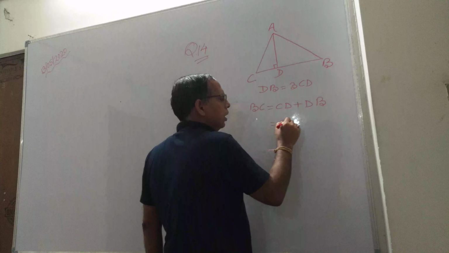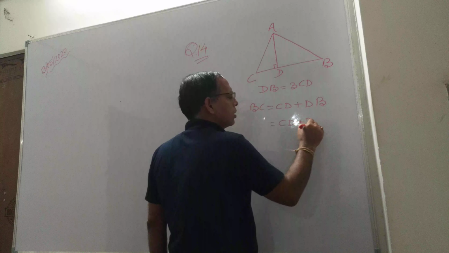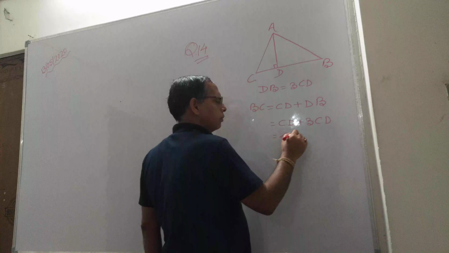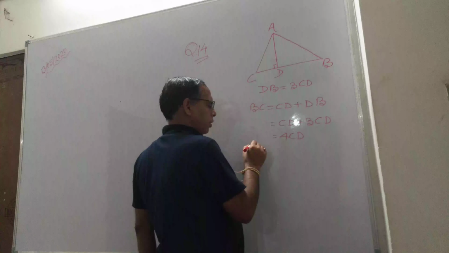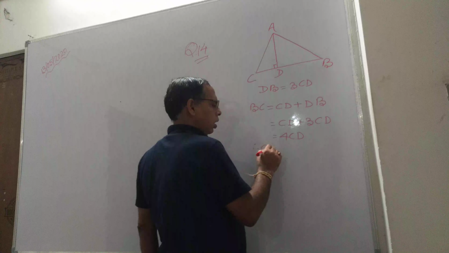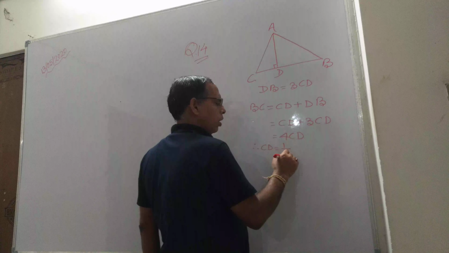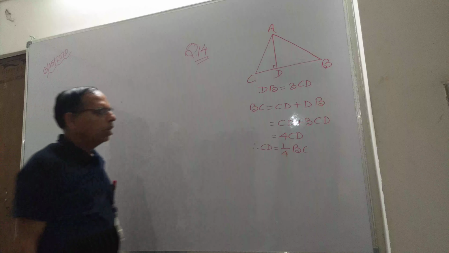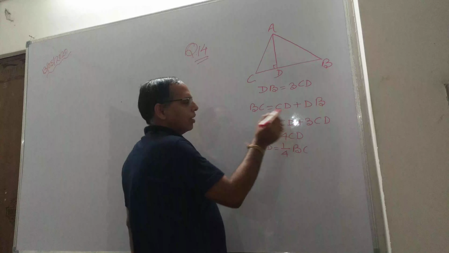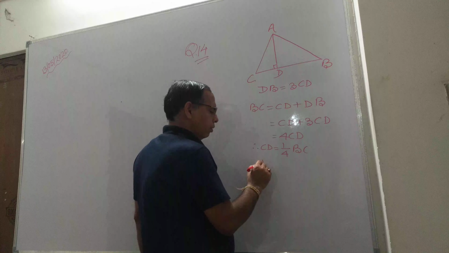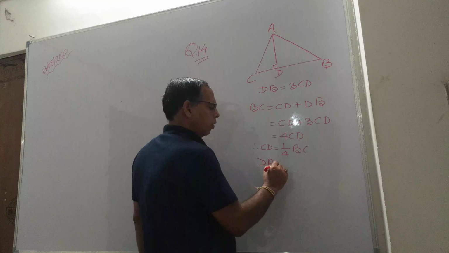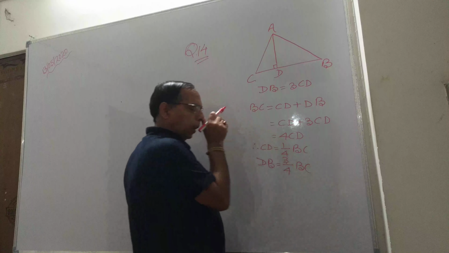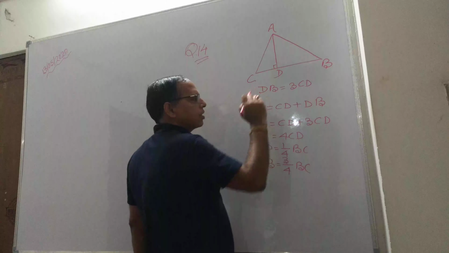Now CD plus twice CD equal to 4 CD. Therefore CD equal to 1 by 4 BC. Now if CD equal to 1 by 4 BC, then what is the relation between DB and BC? DB equal to 3 by 4 BC, because DB is thrice CD.